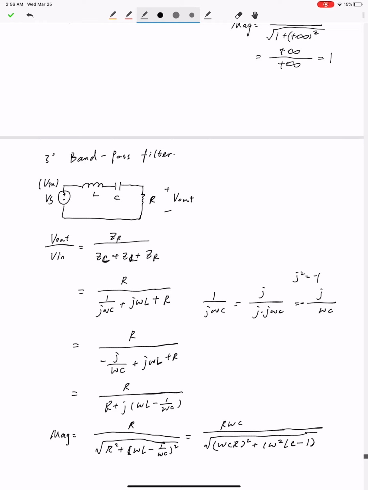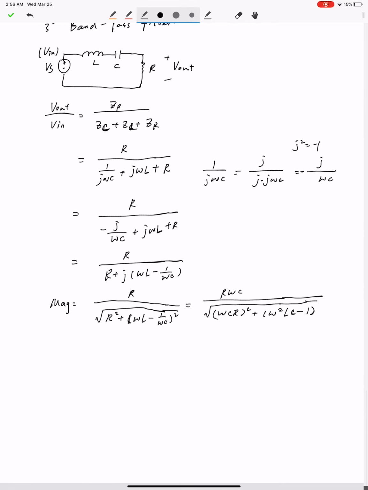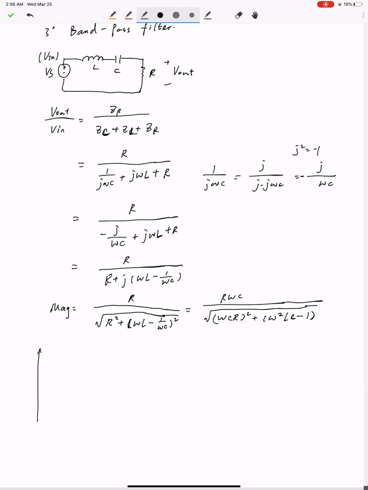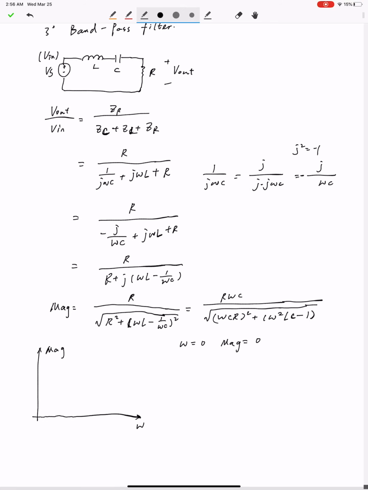All right, so now we can do the plot of the magnitude. In the same way, we analyze some special points. When omega equals 0, right, then the magnitude is 0, because the top part becomes 0, and that will make the whole thing 0. And the second point is when omega equals 1 over square root of LC, what will happen?